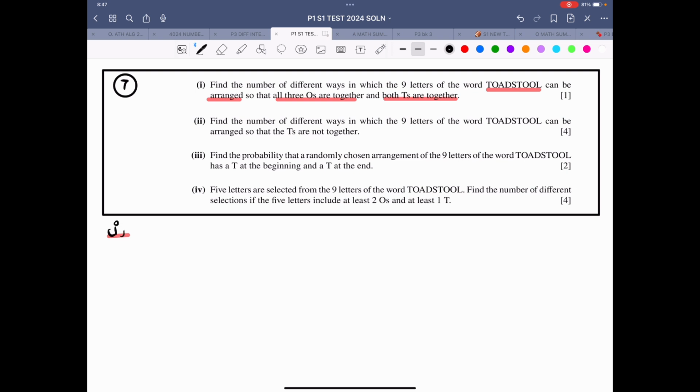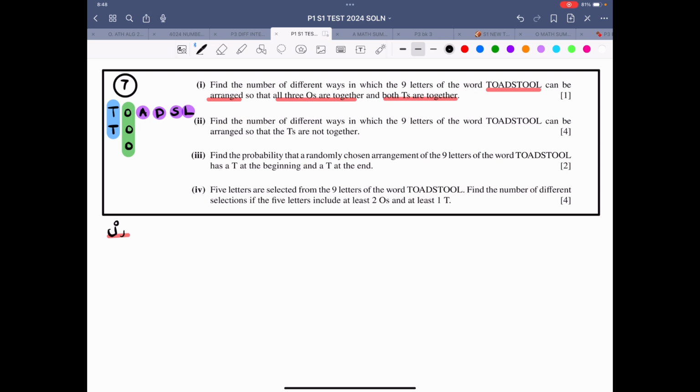And let me write the word toadstool, T-O-A-D-S-T-O-O-L. And let me use some colors over here. So there are 2 T's, there are 3 O's, and then there is an A, D, S, and L. So these are the 9 letters that we have. So first of all, it's asking the 3 O's are together and both T's are together.